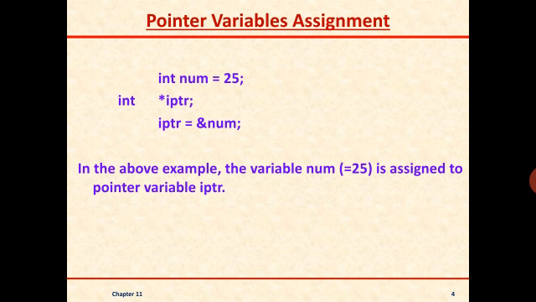See here, two different operators you must remember. One is the pointer variable, that is indicated with the asterisk symbol. Second one is ampersand. It is a unary operator which is also known as the address of operator. Instead of saying ampersand we are going to use the words address of operator.